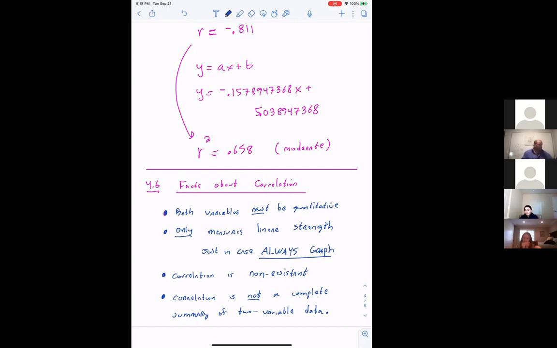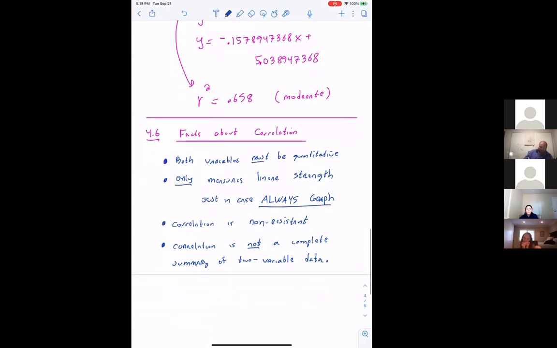Other than that, this is chapter 4. Very, very qualitative, not very mathematical, and the little bit of math that we did was mostly in our calculators anyways. In fact, what we did is some of next chapter. So on Thursday, when we get to chapter 5, it's not all going to be reviewed.